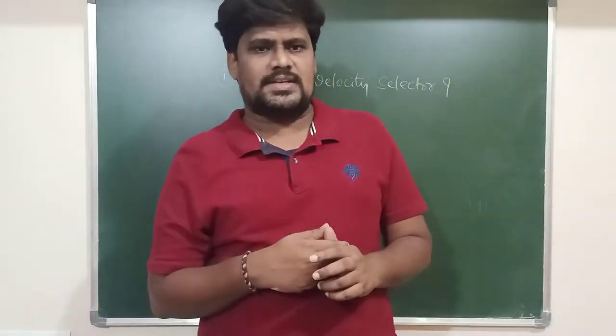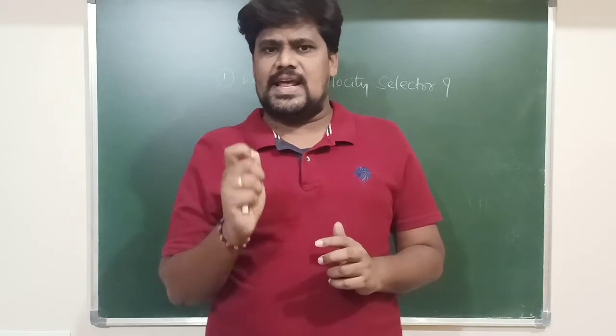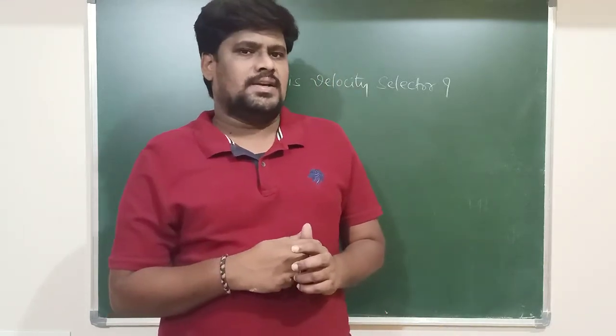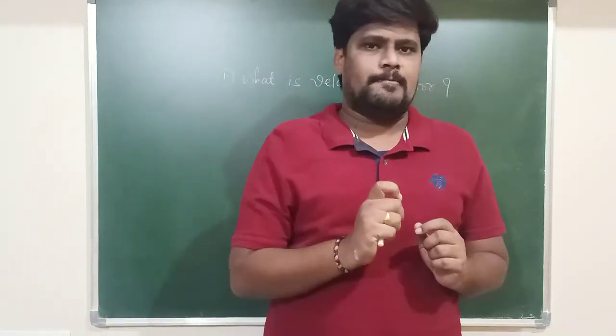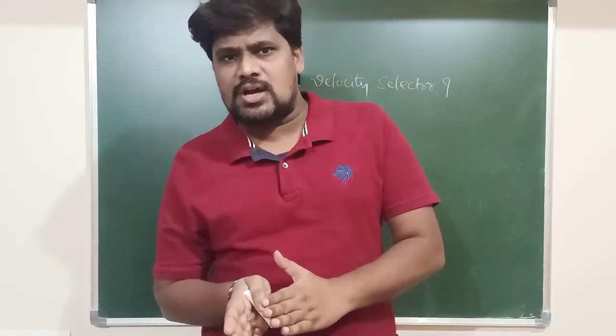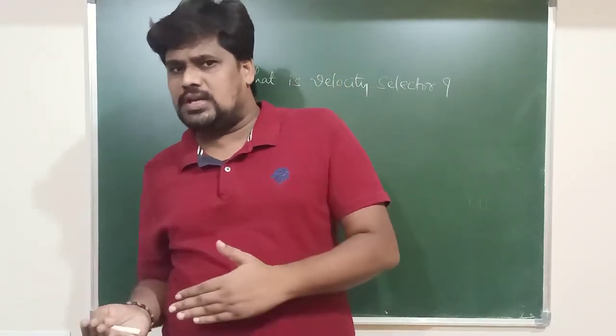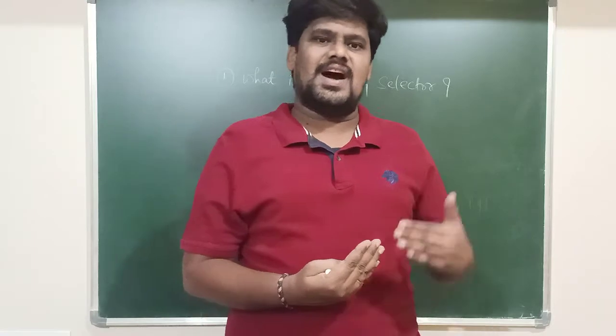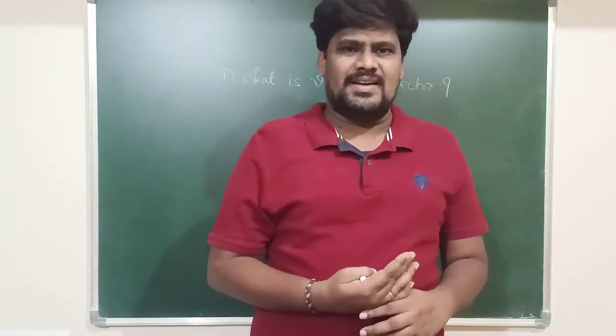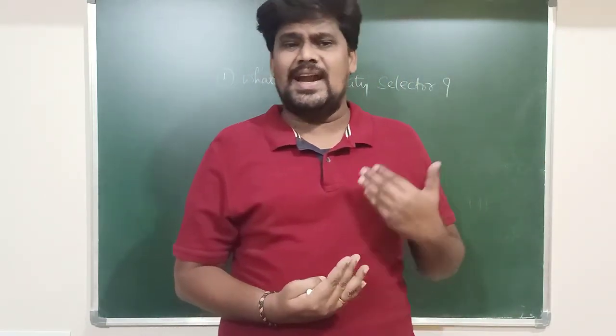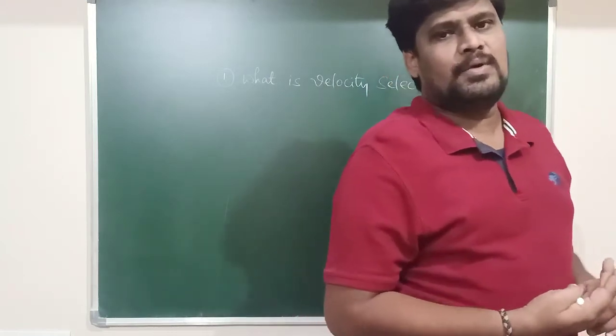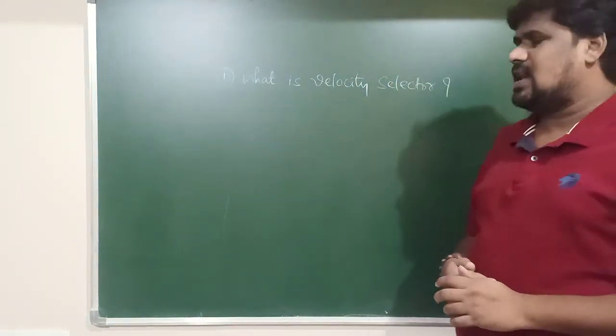What is velocity selector here? Velocity selector is a device which is used to select charged particles of particular velocity out of charged particles of different velocity. That particular technique we will call a velocity selector.